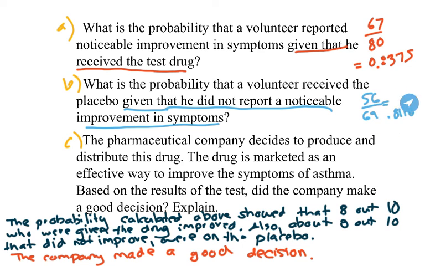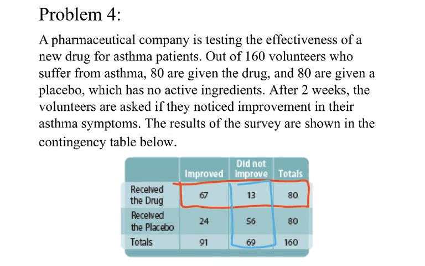Also, about 8 of the 10 that did not improve were on the placebo. The company made a good decision. What this does not take into account are these people here, and these are the people that are suffering from the placebo effect, where you think something is working because you think there's been a change, but really it's not working.